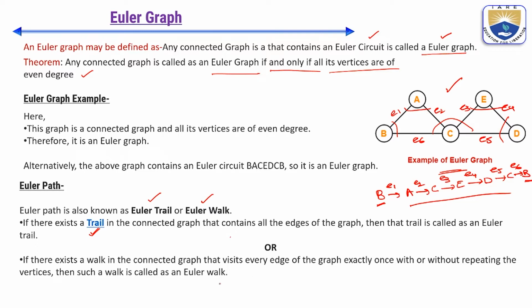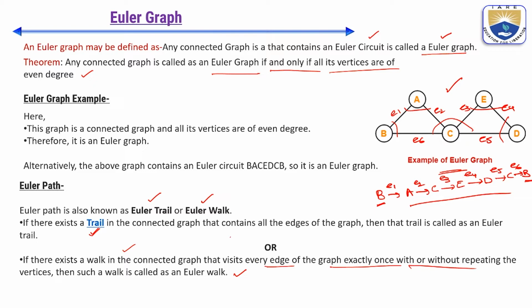Or, another way: if there exists a walk in the connected graph that visits every edge of the graph exactly once, with or without repeating the vertices, then that walk is called an Euler's walk.